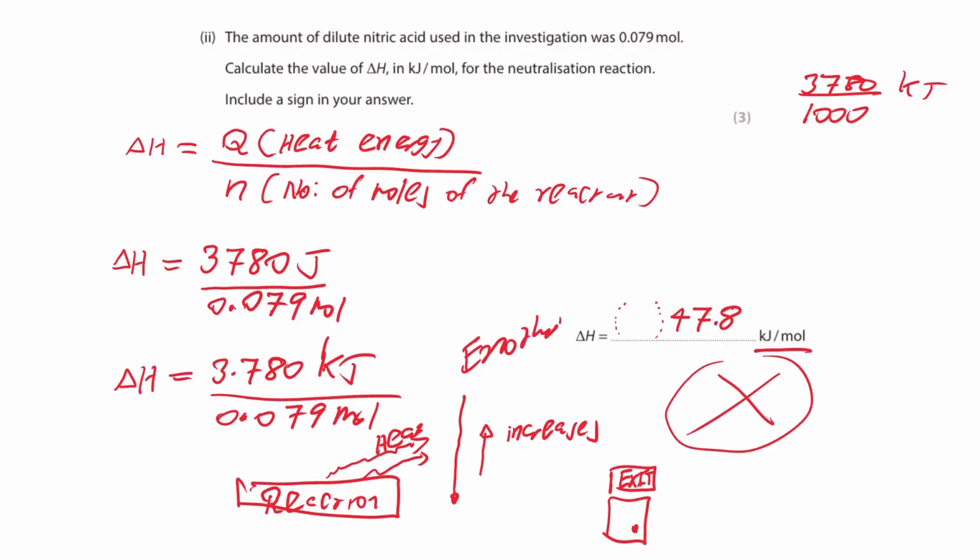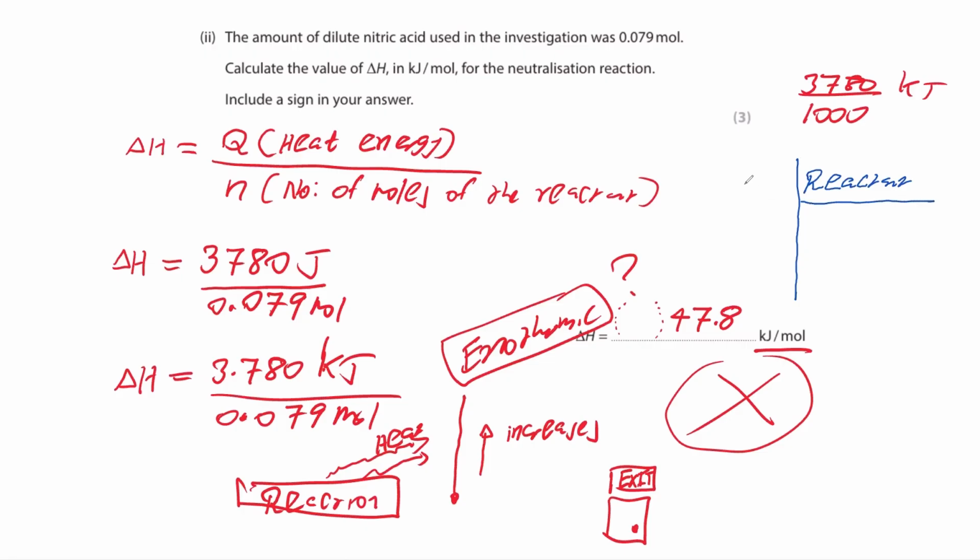How am I going to tell that it is an exothermic reaction? To tell something is exothermic, there's a way. Let's assume there's a reaction. The reactants have a certain amount of energy. Let's assume their energy is 500 joules. Then they're giving out, like you have $500 in your hand and you give out $100.